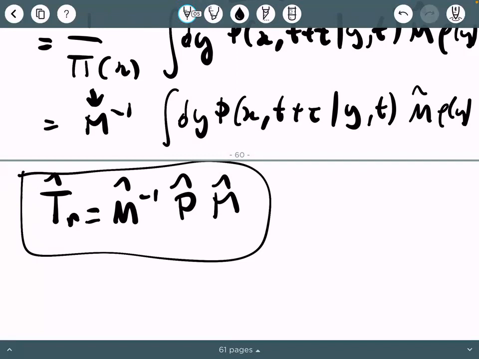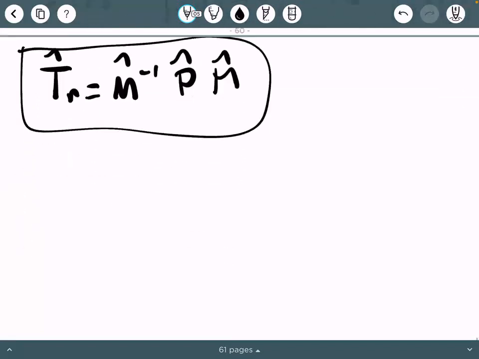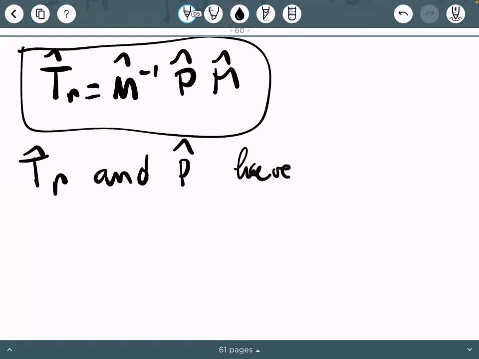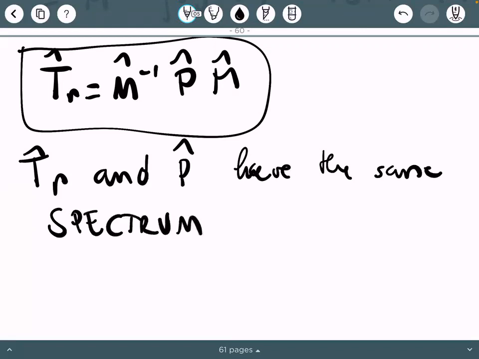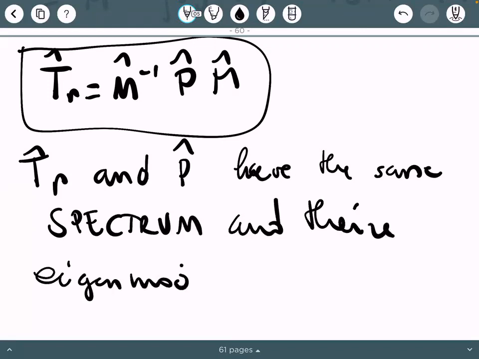But again, this implies that T(R) and P(R) have the same spectrum, and their eigenstates are related.